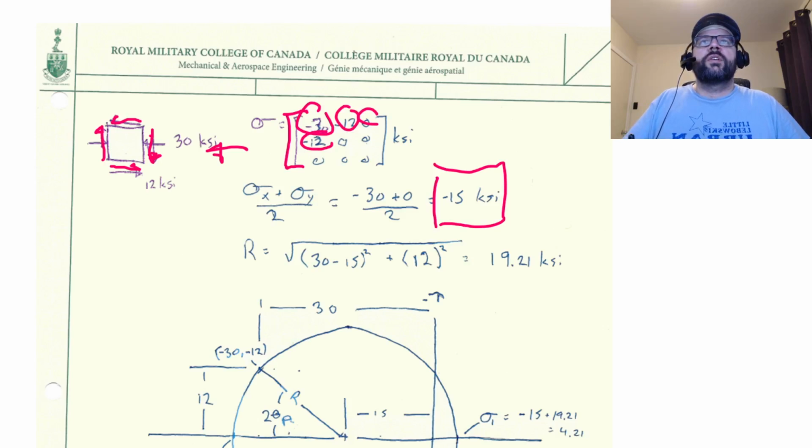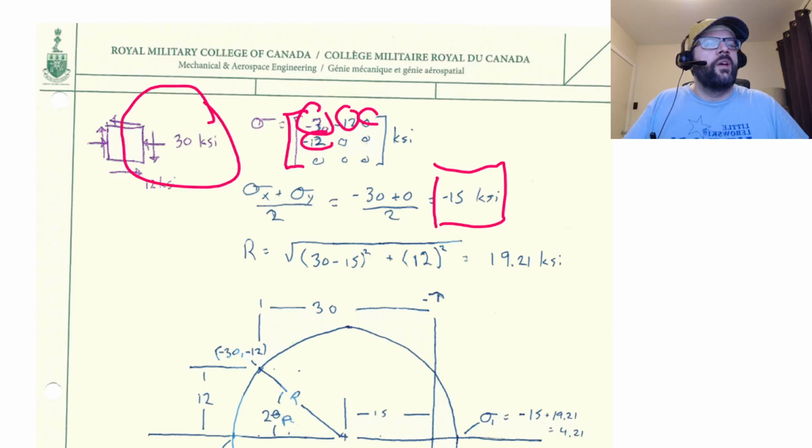I generally like to work off the positive x face, but you could work off other faces if need be. The coordinate that we know there is negative 30 ksi for the x coordinate and negative 12 ksi for the y coordinate.